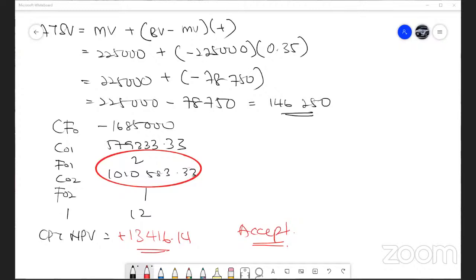Hold on a moment now. How come it's not being given to you? Let me see.